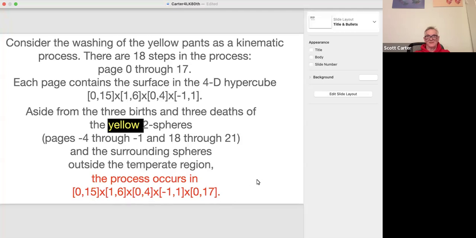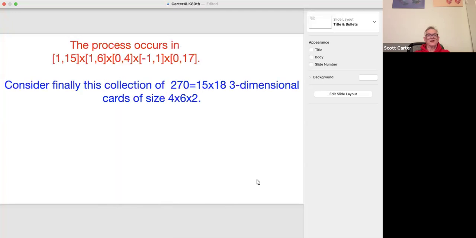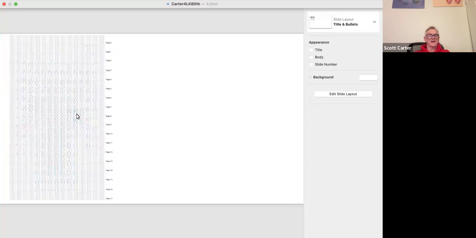So you can go talk to your 5-dimensional carpenter and have them build that for you. And if you look at all the stills in the movie, there are 270 of them, and these are they.